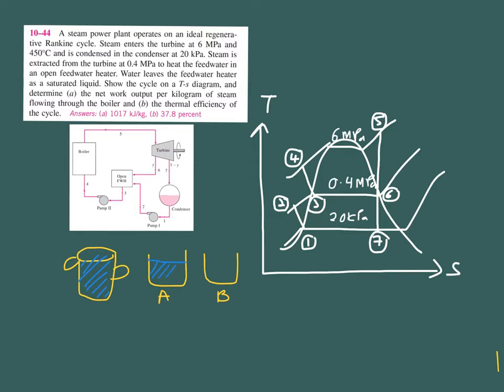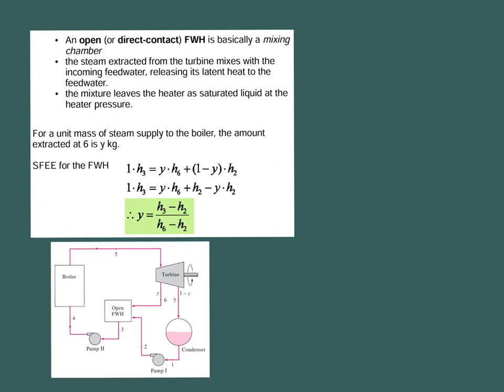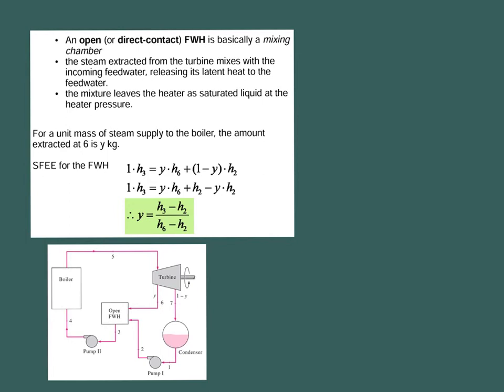And thus, in this example, you will need to find how much goes into the open feed water heater, which is represented as y, and how much goes into your condenser, which is 1 minus y. So how are you going to find the fraction that goes into your open feed water heater and the remaining that goes into your condenser?